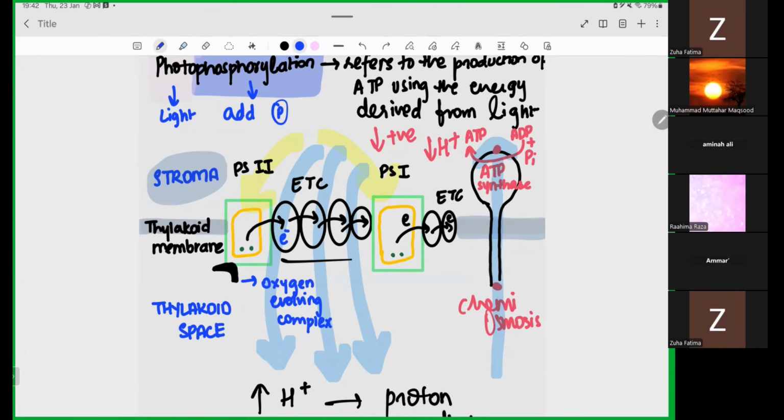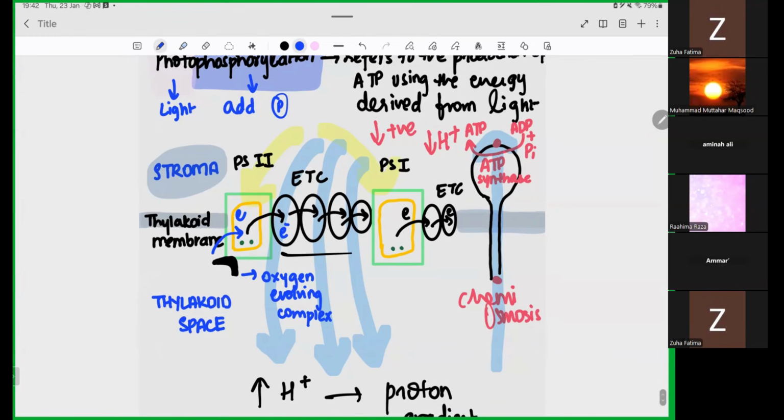There has to be a constant supply of electrons. Electrons are also coming here to replace them. We need electrons to fill in the empty space that is created once a chlorophyll pigment gets excited. So how and from where are these electrons coming?